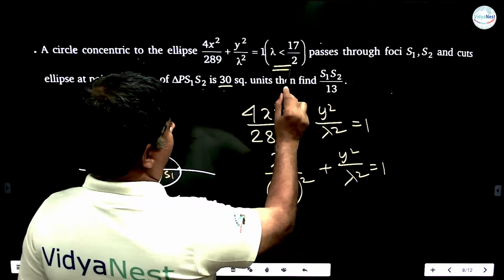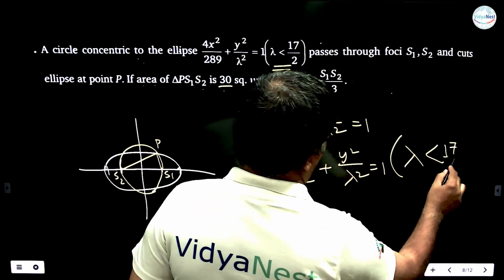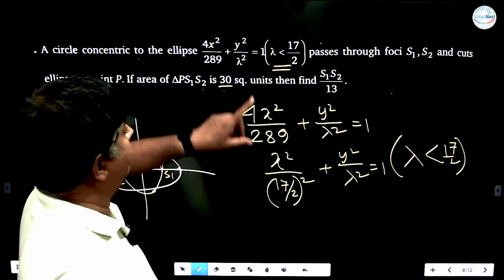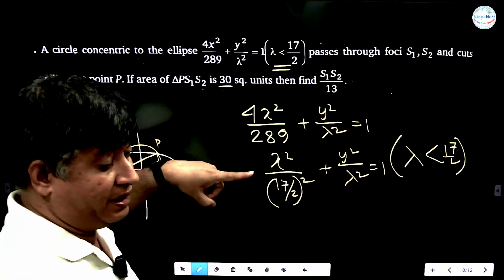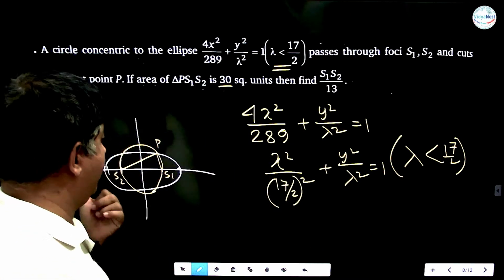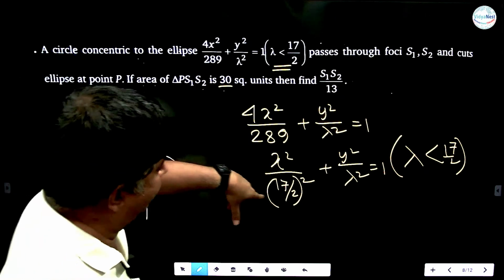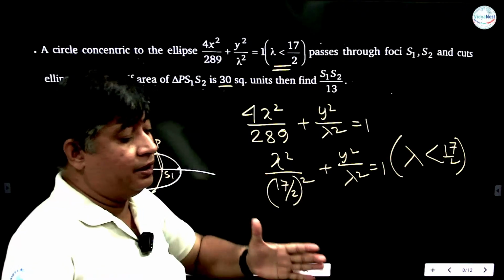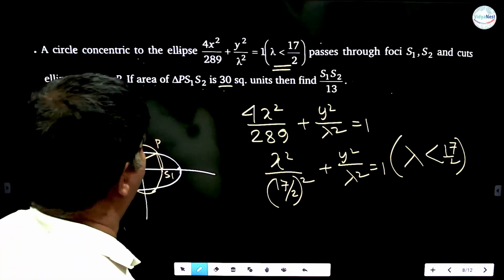What is the side note? Lambda less than 17 by 2. What does it mean? It is the ellipse with respect to the x-axis. The horizontal axis is the axis, not the conjugate. So this condition depicts that the major axis lies on the horizontal axis. Okay.